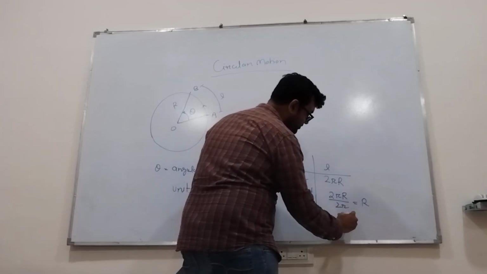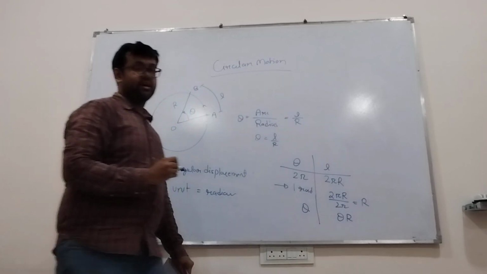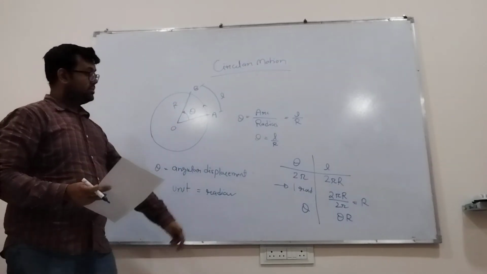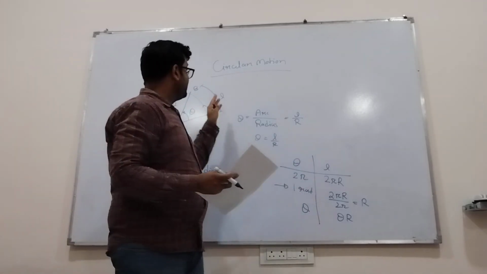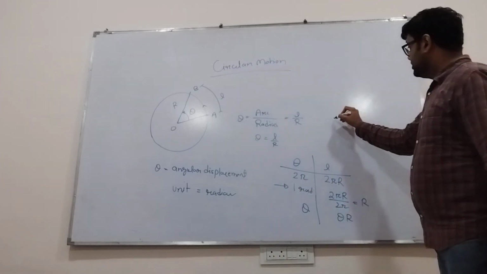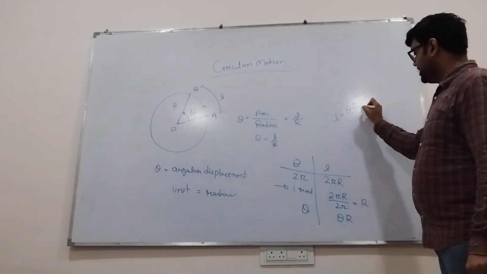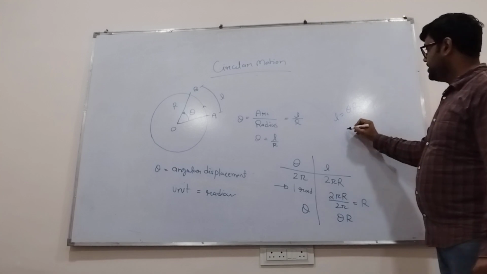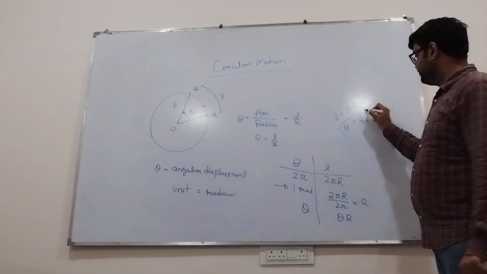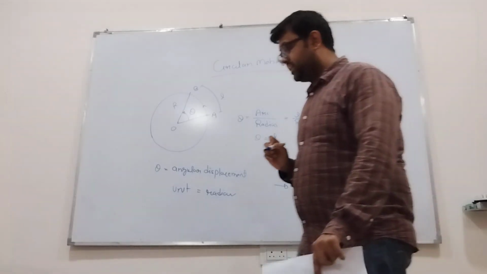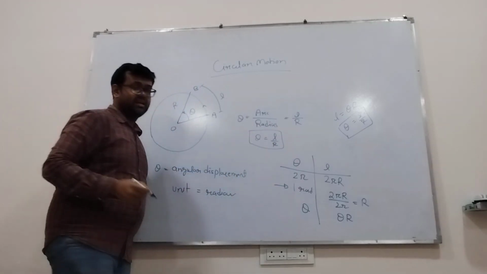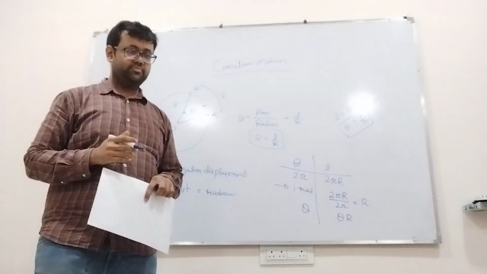So it will come as theta into R. So if the object has moved theta radian, then the distance it will move is theta R. So from here, that is L, theta that we have derived. So from here you can see that theta will be L upon R. So this was the derivation of this formula that we have learned in the previous classes also.